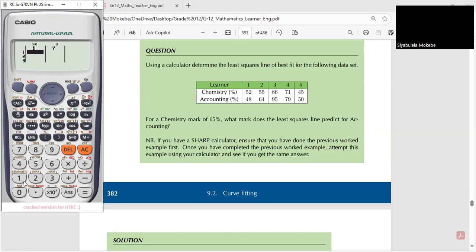Then my data set, so that is 52 equals, 55 equals, 86 equals, 71 equals, 45 equals, then Y.